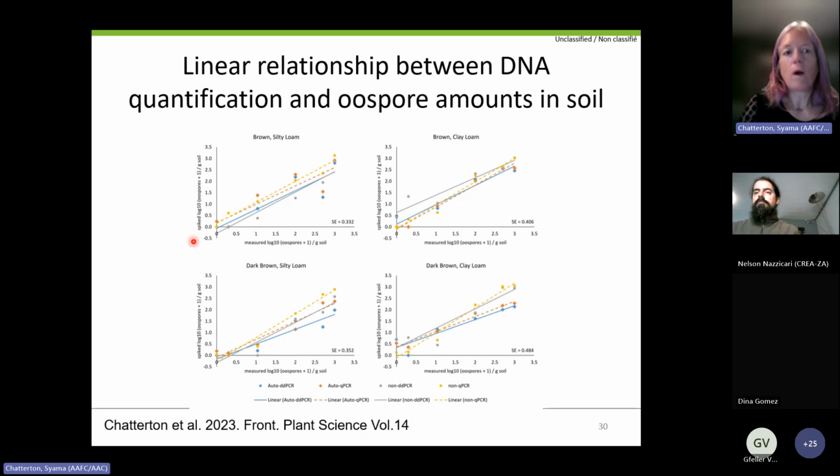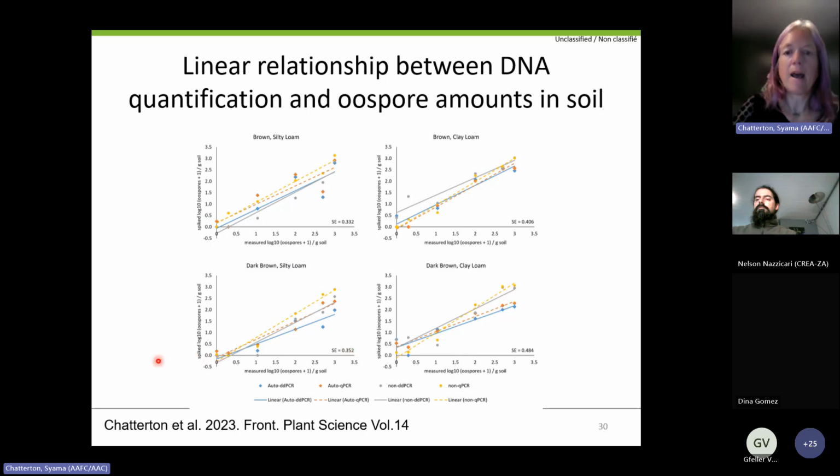Then we looked at how well we can quantify the DNA from this soil. Here on the y-axis, I have the amount of oospores that we put into the soil. And here is how many we measured back using either quantitative PCR or digital droplet PCR. We can see that for the most part, for all these different soil zones and soil types, there is a fairly good linear relationship.